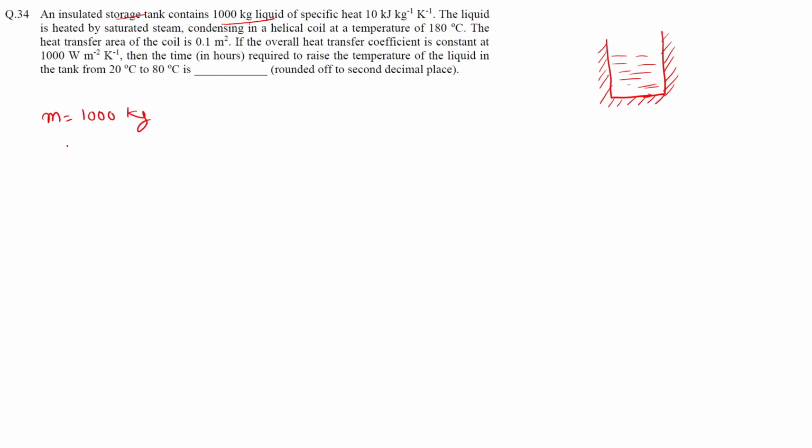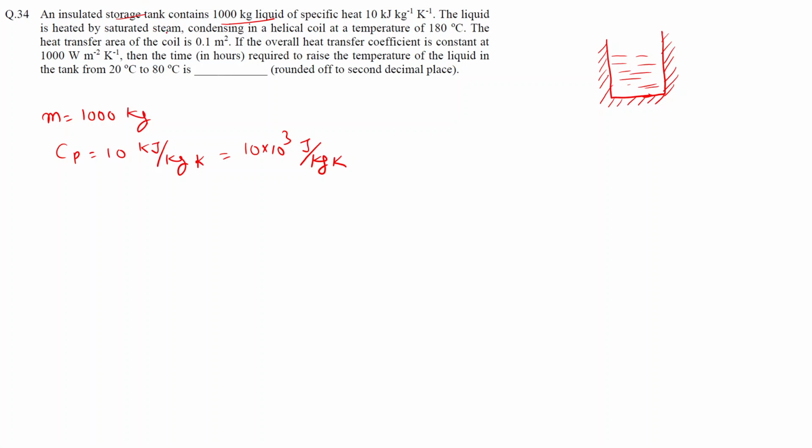The specific heat Cp is given as 10 kilojoule per kg Kelvin. Let's change this into joule per kg Kelvin. So it will be 10 into 10 raised to 3 joule per kg Kelvin.